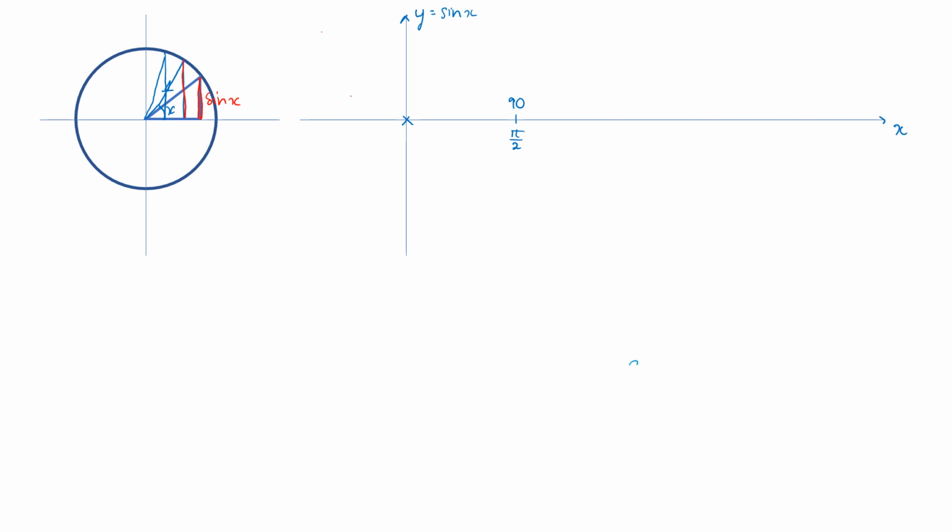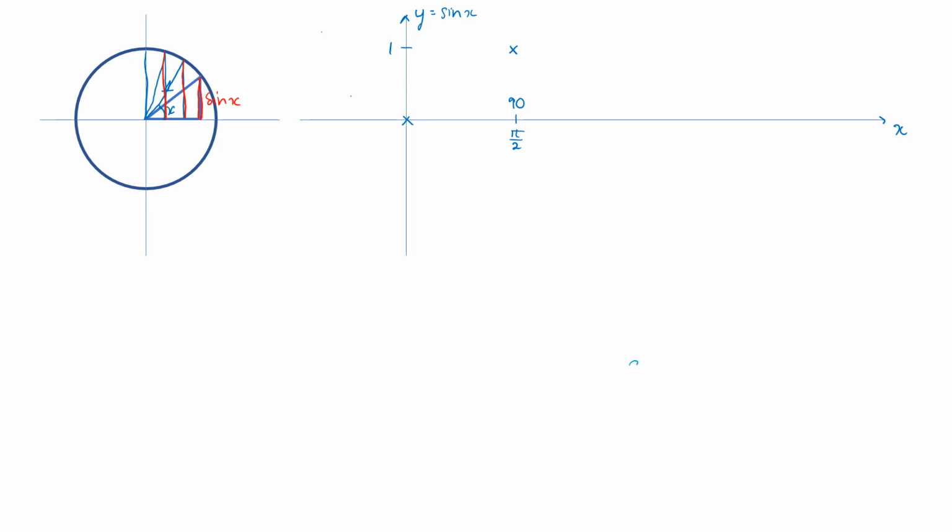So we're going to find that as we go round from that horizontal line up to the 90-degree point, the height of the triangle we're creating is increasing. In fact, it becomes so tall that it then occupies the entire radius of the line vertically at pi by 2. So we have a height of 1 at pi by 2.